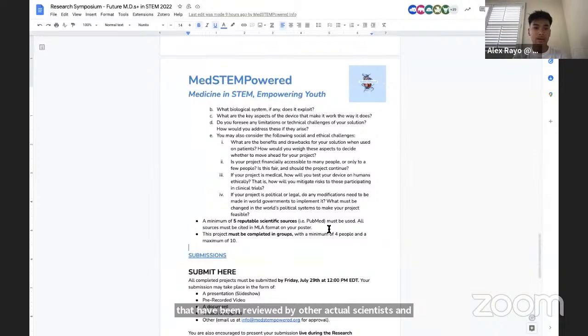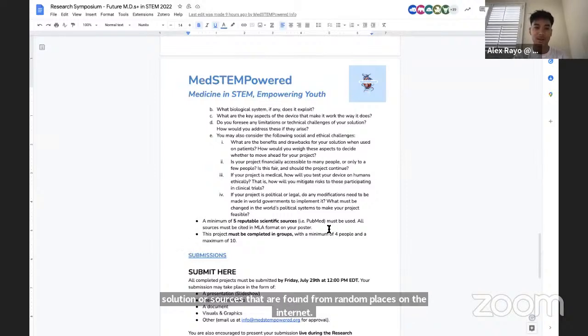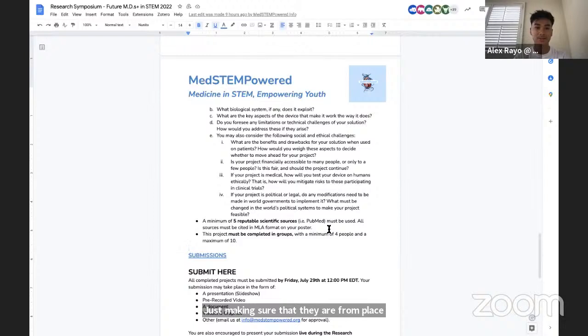And again, we don't want to have sources that are found from random places on the internet. Just making sure that they are from places that are verified and credible. And again, all sources must be cited in MLA format on your poster.